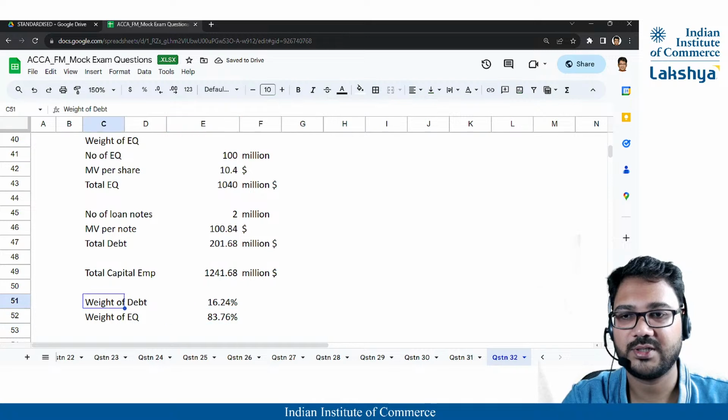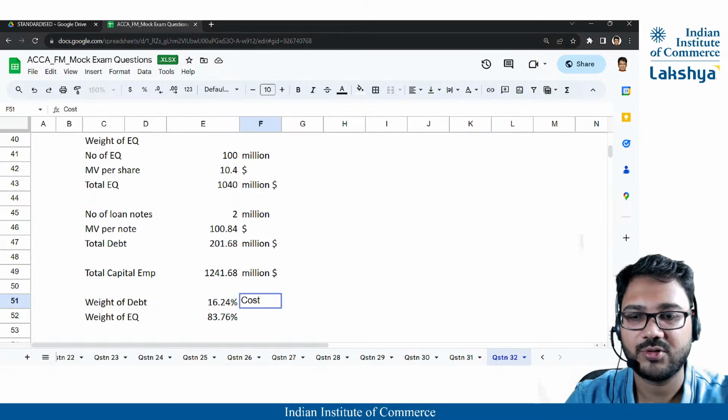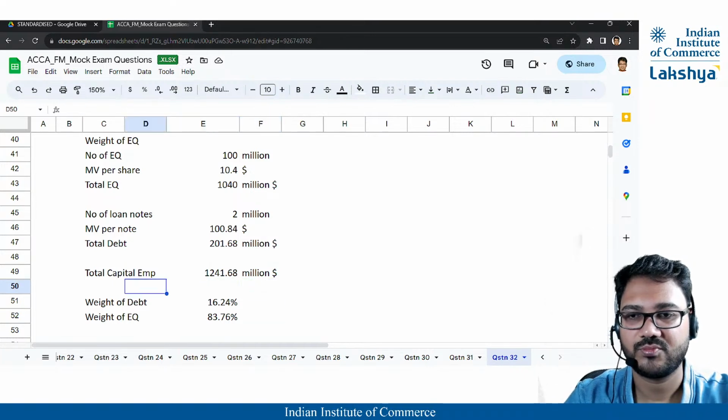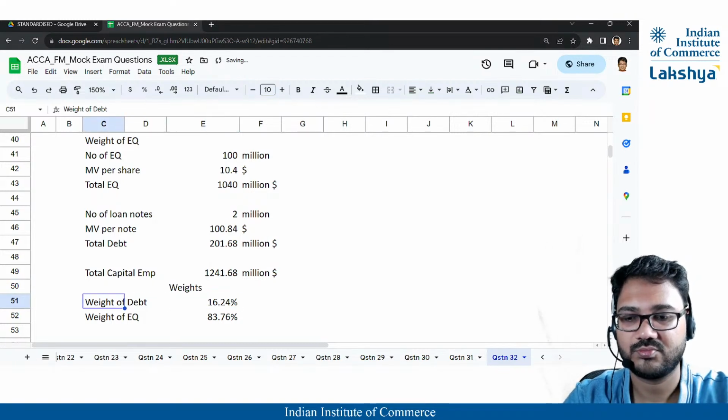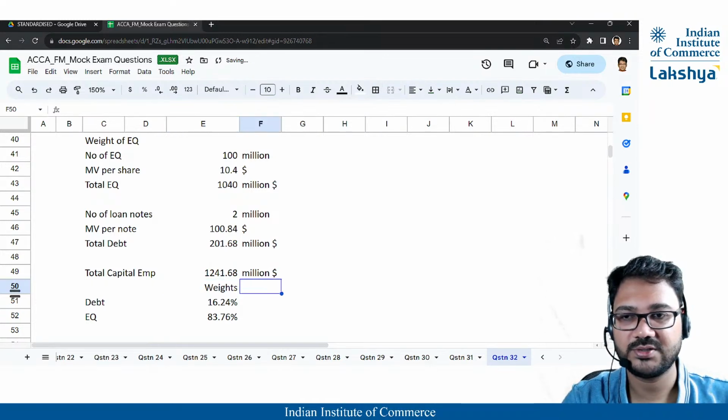Now, what I can actually do is write it like this: weights and cost.